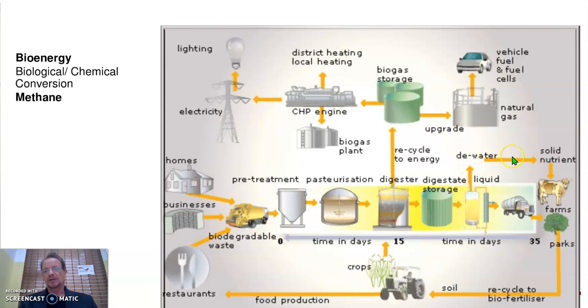When you dewater them, you get a solid nutrient, a fertilizer, which you can use on farms and in parks, and so it goes all the way back to food production. So this is actually a closed circle, which is quite interesting when they talk about the circular economy.